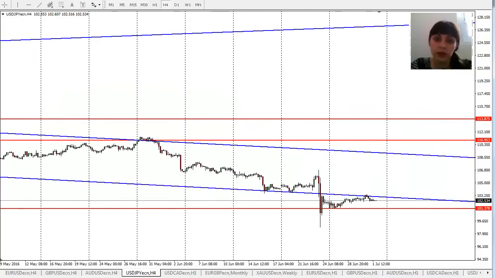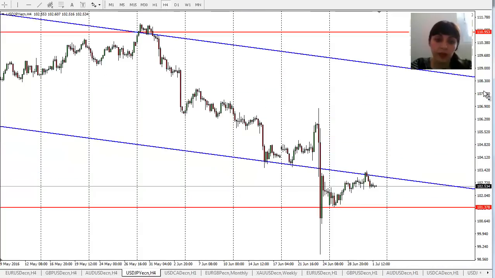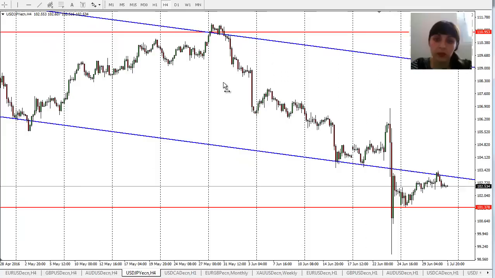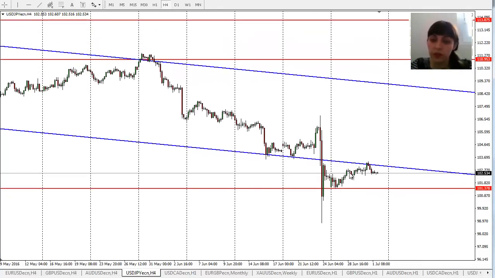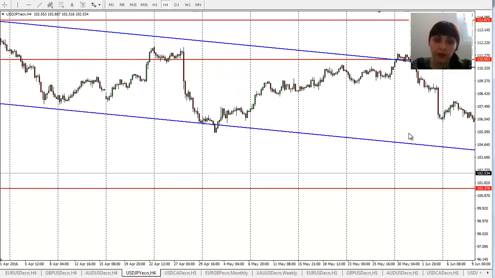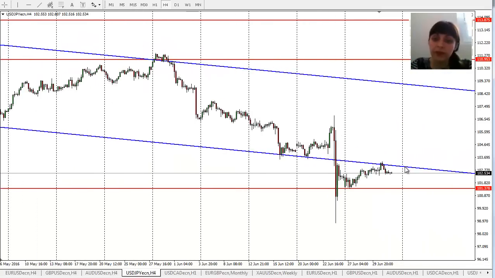Let's see, a bit closer, because we had that big movement, and so I decided to leave it like this, because that way it shows me that dollar yen is actually out of the channel and trying to come back.